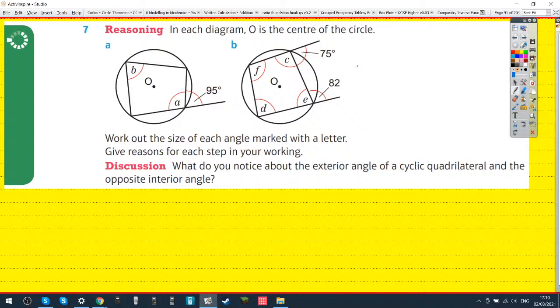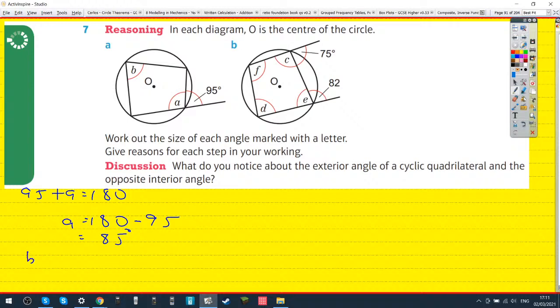Say it again. Yeah, other side of A is 95. So these add up to 180. Mm-hmm. So that means the straight line has to add up to 180. So 180 take away 95 is 85. So A is 85 degrees.